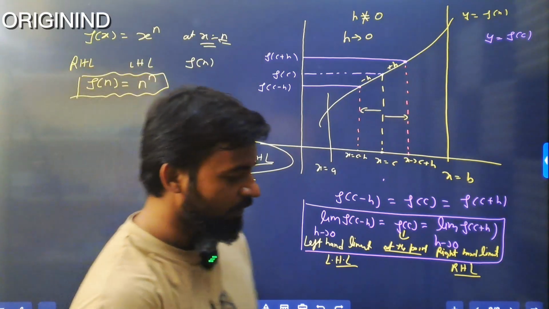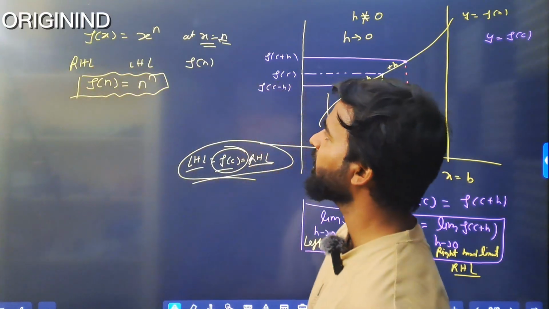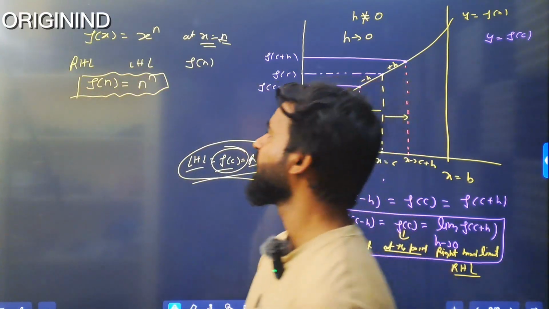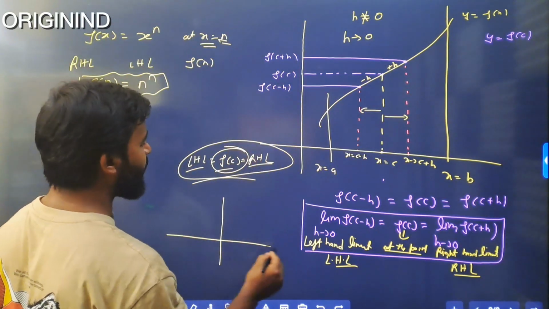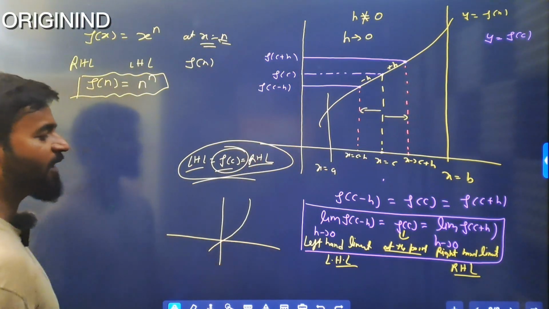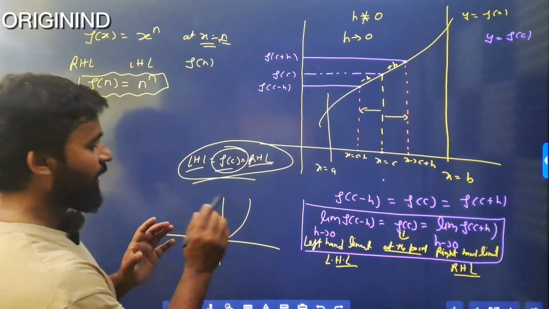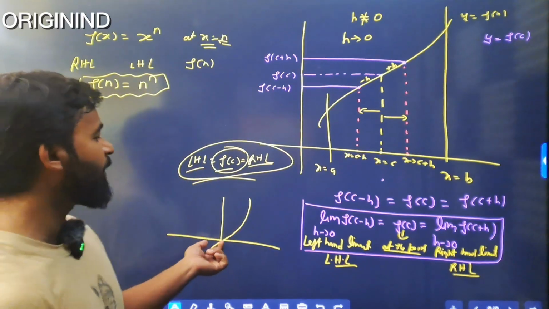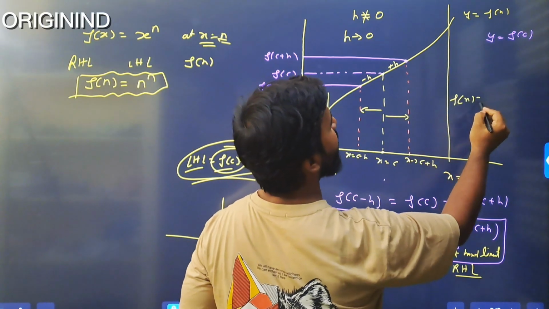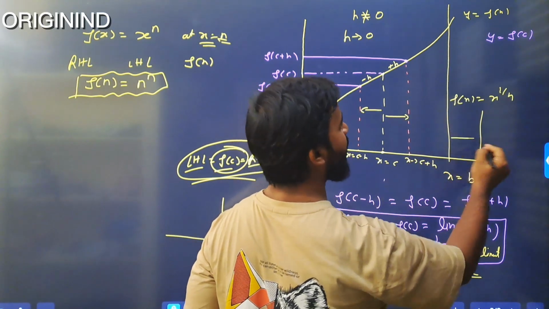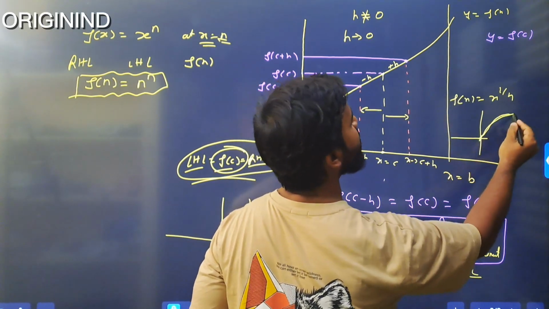Now you can ask, sir, what is this? For a function x to the power n, first understand the graph of x to the power n. If f of x is equal to x to the power 1 by n, the graph looks like this.